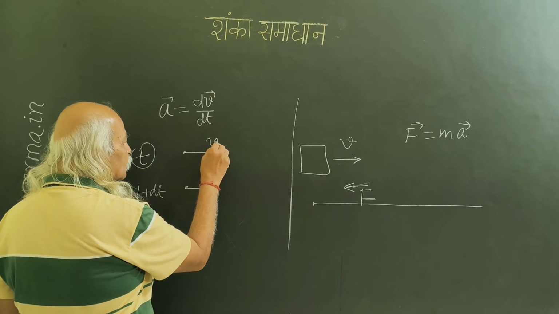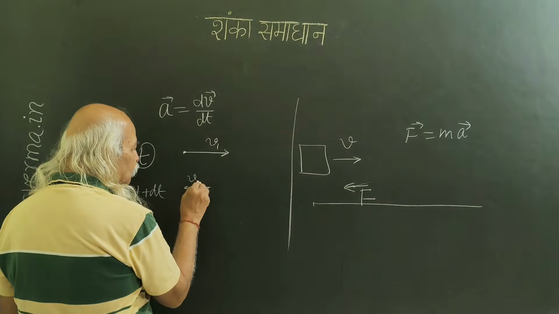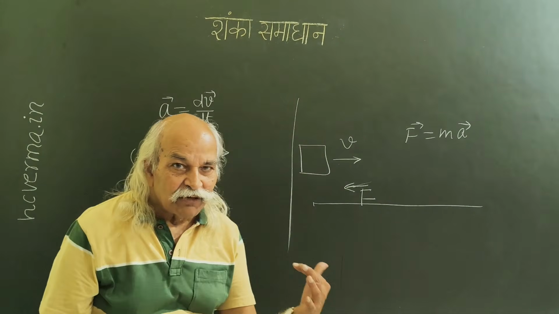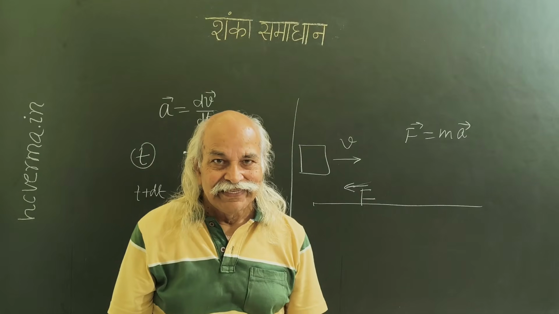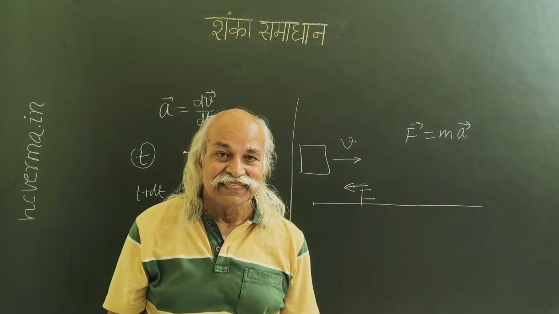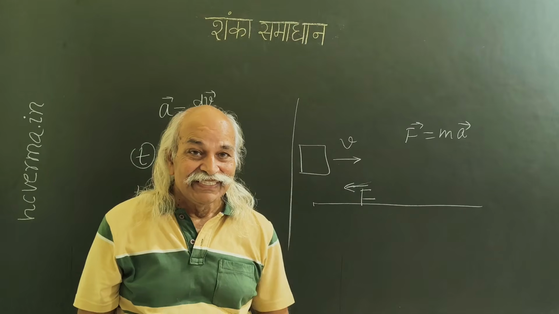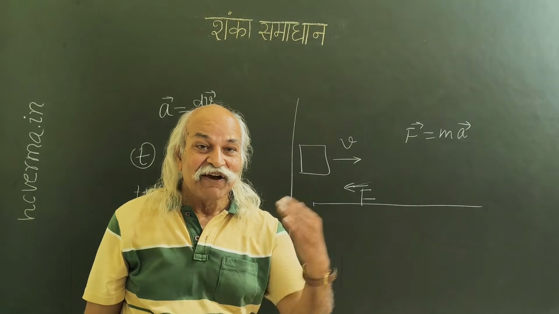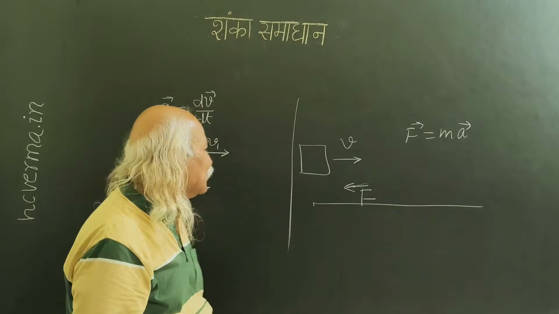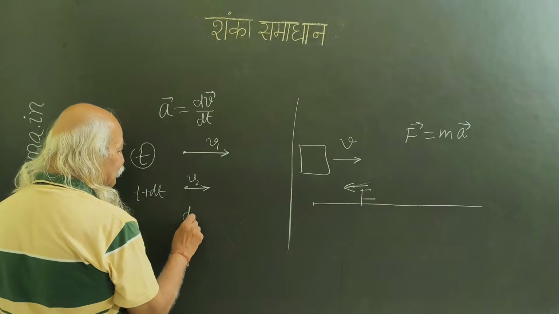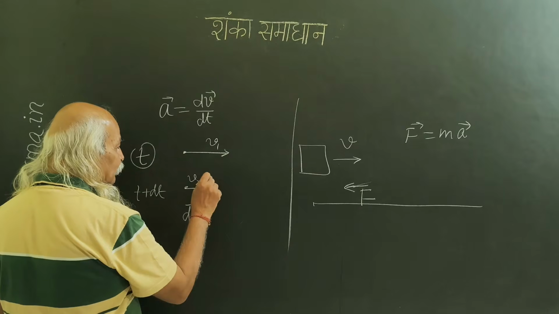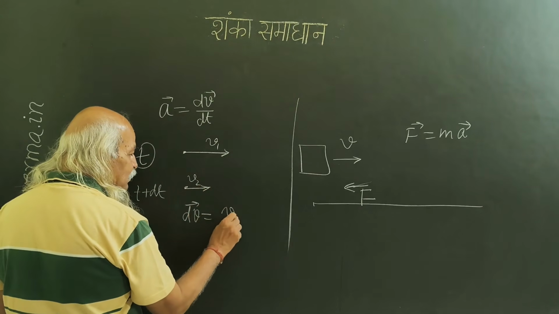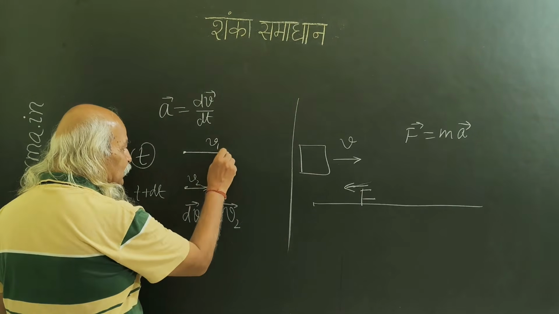This is your say v1, this is your v2. It is slowing down, velocity is decreasing. What is the change in velocity? Change in something is final minus initial. So the change in velocity dv will be this final, minus this initial.